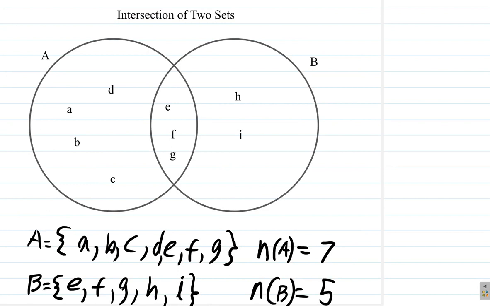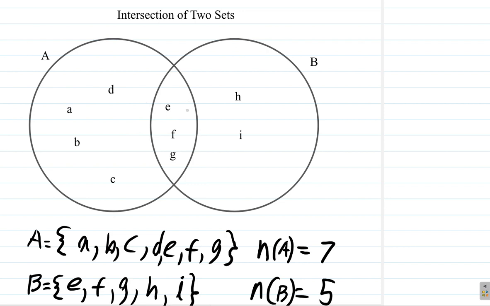So we have the number of elements in A plus the number of elements in B. But when we had the number of elements in A, we mentioned these 3. Then the number of elements in B, we mention them again. Alright? So we have to remove them once. Remove the double count.